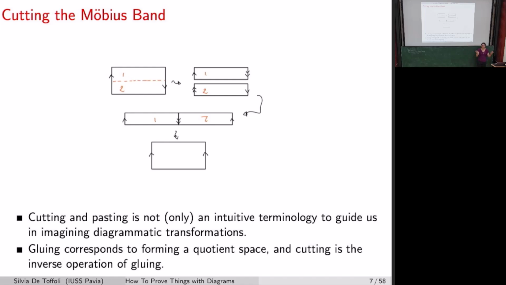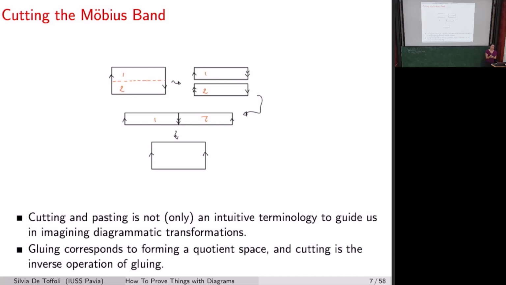So that's a surprising and interesting claim. And it's a little exercise, but I can prove more complicated things with similar techniques. And the idea is that cutting and pasting is also intuitive terminology, but it also corresponds to precise mathematical operations.